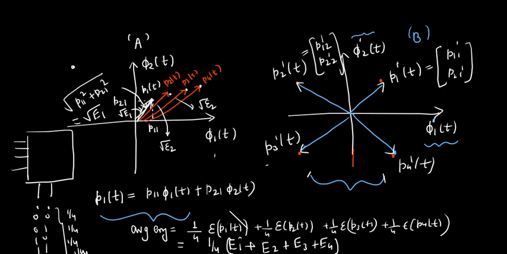This is P13, P23 dash dash. This is P14, P24 dash dash. Yes or no? So the average energy of this geometrical representation of this constellation would be 1/4 of E1 dash plus E2 dash plus E3 dash plus E4 dash, right?